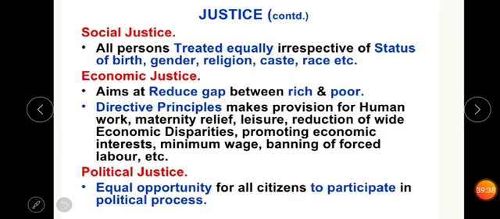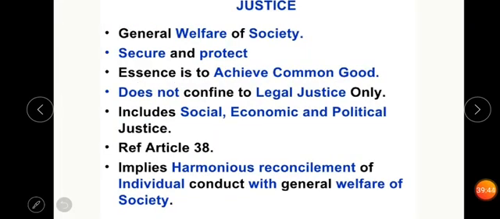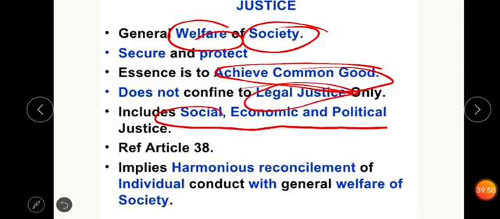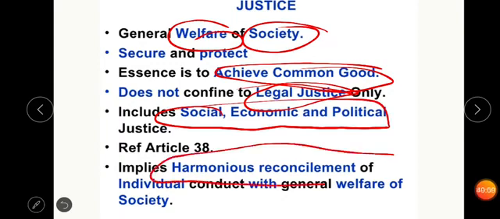I have already told you about social, economic and political justice. So it is the welfare of the society, achieving common goals. If we are talking about justice, it does not confine itself to legal justice only. It also includes social, economic and political justice. It implies harmonious reconciliation of individuals' conduct with the general welfare of the society.